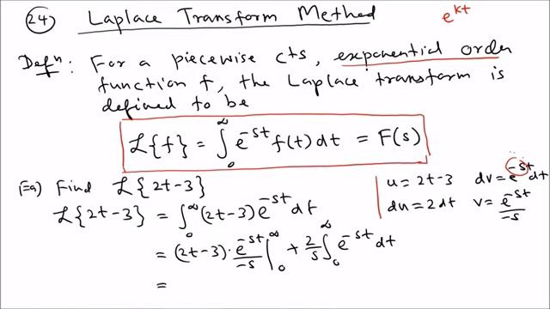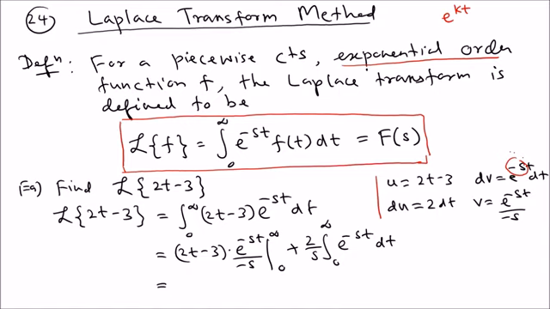If you plug in infinity, there are some problems, because one factor goes to infinity, since the polynomial goes to infinity, while e to the minus st goes to 0. That means an indeterminate situation, so you would have to use L'Hopital's rule. But there is a small result that you can remember: when you compare a polynomial with the exponential function, the exponential function always wins. Whatever happens to the exponential function happens to the whole product.